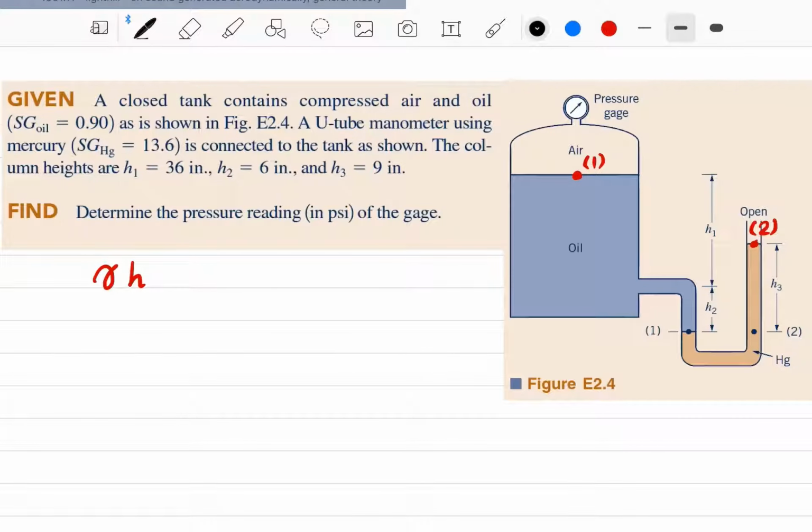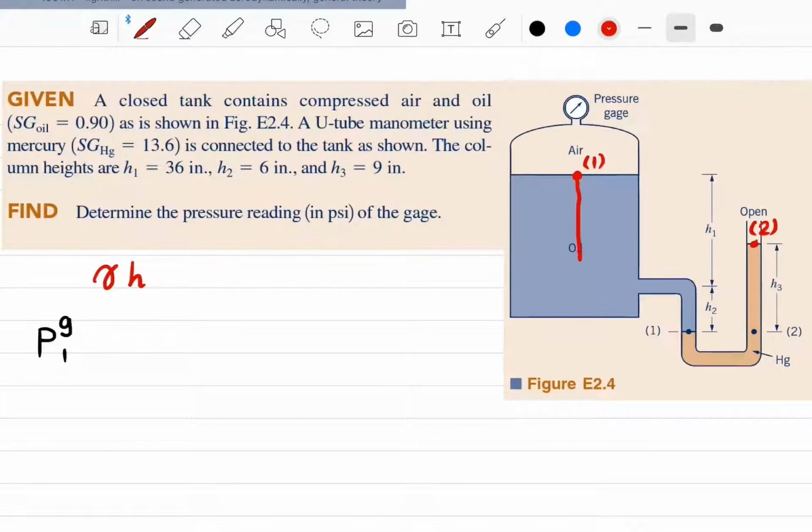To write the manometer equation, we start at point 1, the gauge pressure at point 1. So now we are here at this point. We will move toward the other point as long as the fluid is not changing.